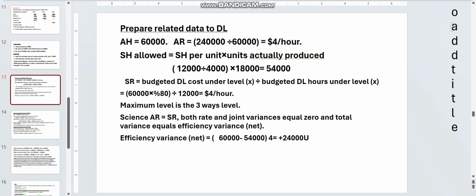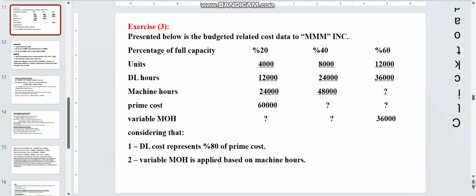Then we need also to compute standard rate. Standard rate. Now let's go back to the budget. We have direct labor hours. Also, we can obtain direct labor cost from the prime cost.